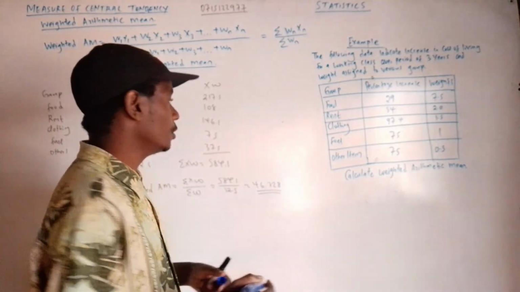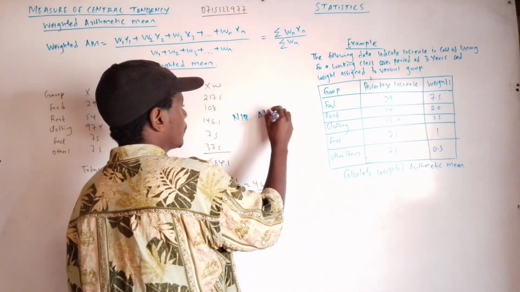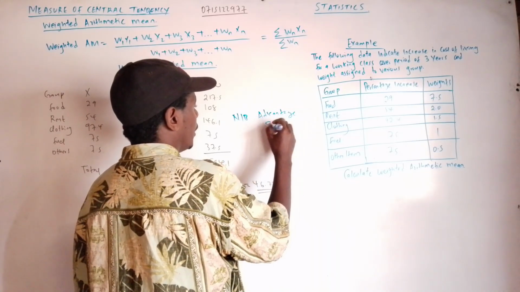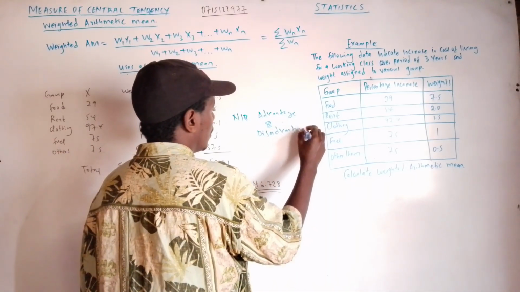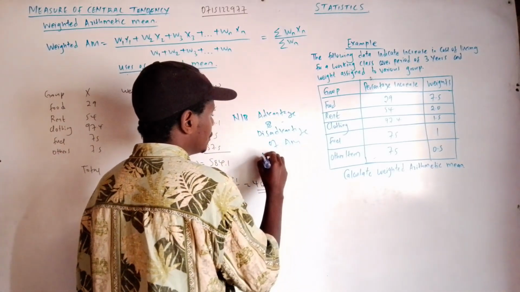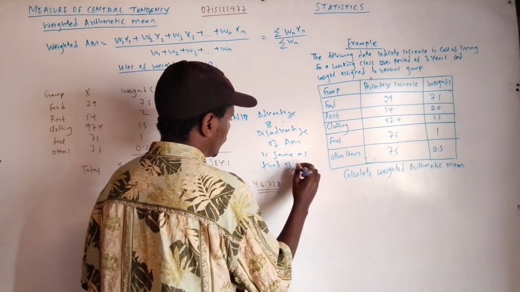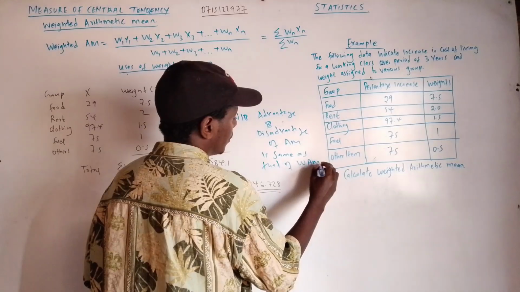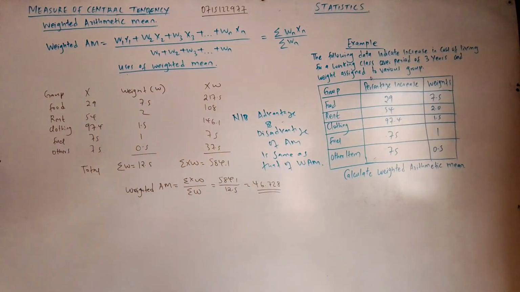So you need to note that the advantages and disadvantages of arithmetic mean are the same as those of weighted arithmetic mean. Now we can proceed to the next one.